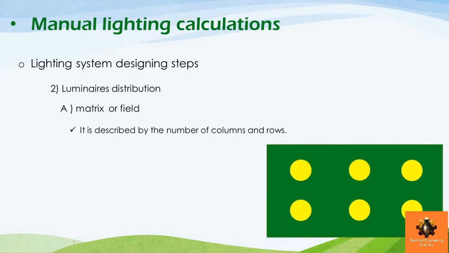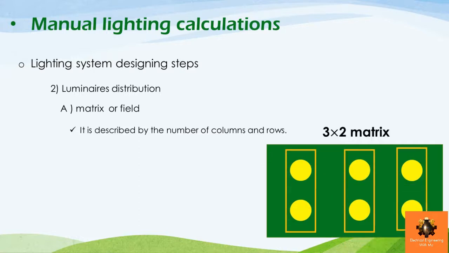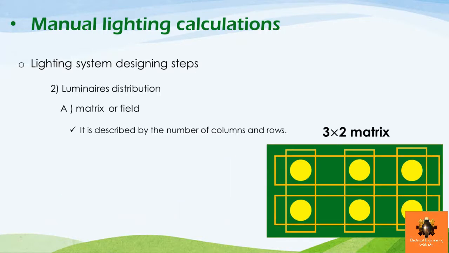For example, if we have these 6 luminaires, the matrix can be 3 times 2, where we have 3 columns and each column has 2 luminaires, so we have 2 rows and 3 columns.